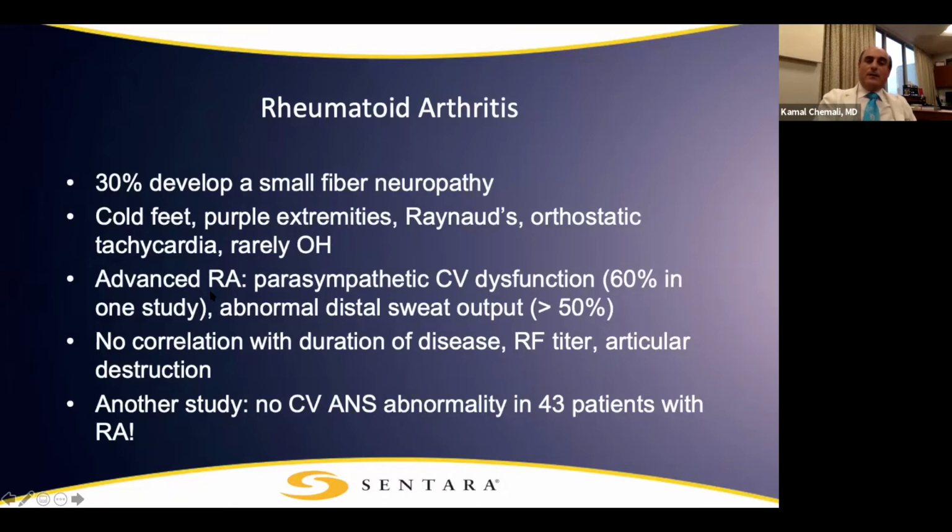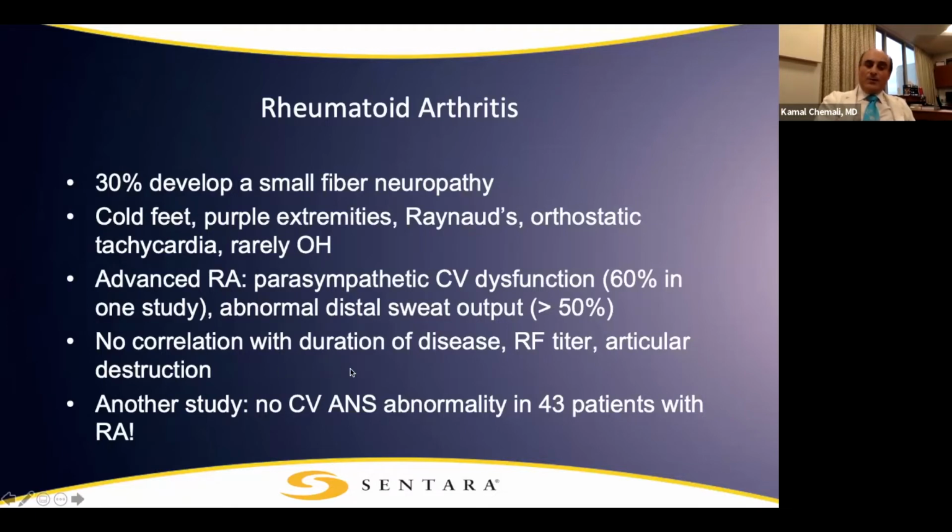All right. In advanced rheumatoid arthritis, parasympathetic cardiovagal dysfunction is seen. Okay, so there are 60% in one study, for example. And sweat output distally in more than 50% can be abnormal. So a small fiber neuropathy, in other words, right?